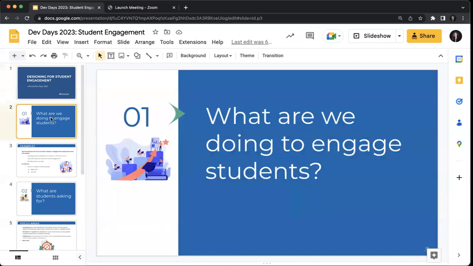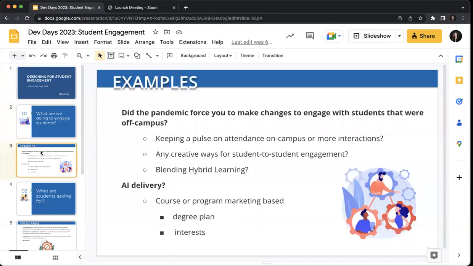So one of the things that I wanted to open up with is what we're doing to engage students with the portal. This is something I wanted to talk amongst everyone about, to get a feel for what y'all have been doing.